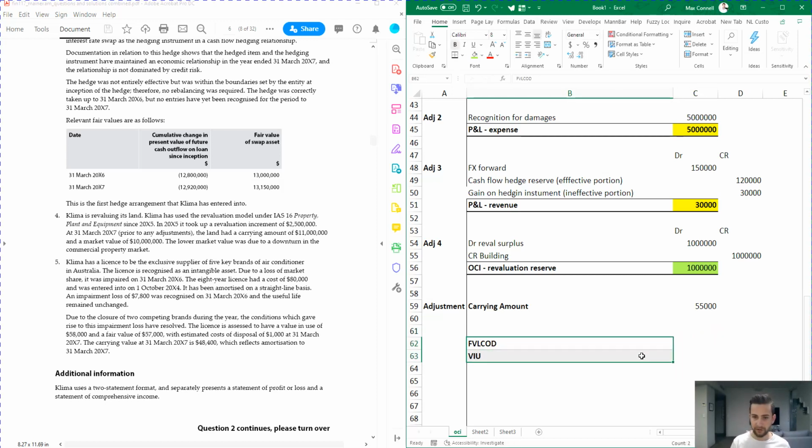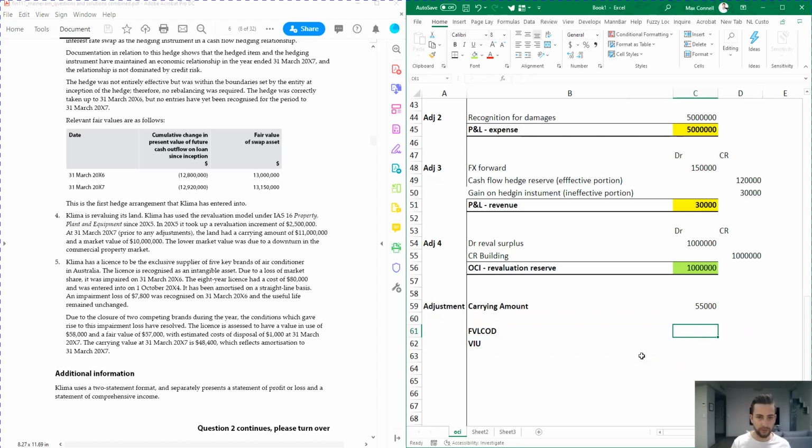The fair value less cost of disposal is, per the question, $50,000, and the cost of disposal is $1,000, so it's going to be $56,000. The value in use is given to us in the question, it's $58,000, but typically in real life you'd have to do a free cash flow forecast model and then sum up all of the future cash flows up to a certain point, and that would be the valuation. So that's how it works in real life.